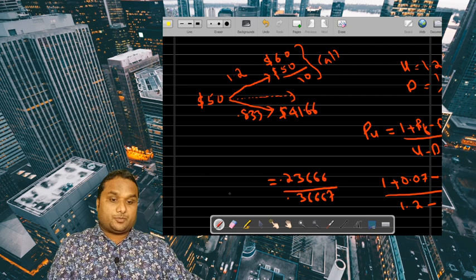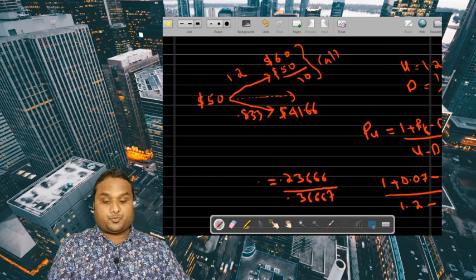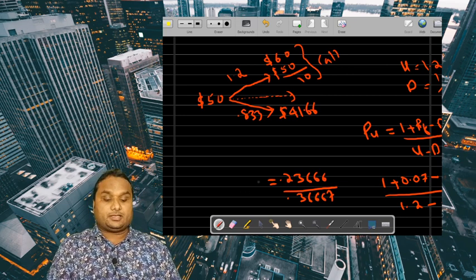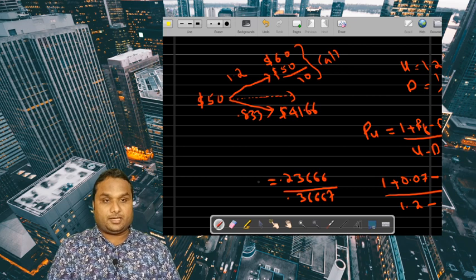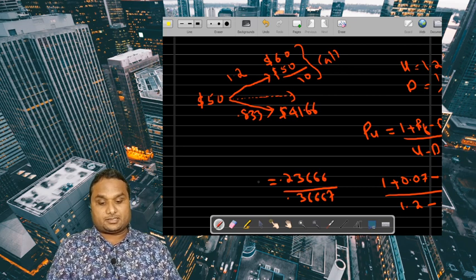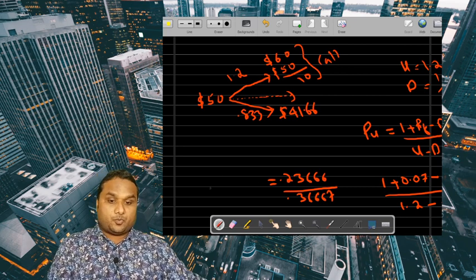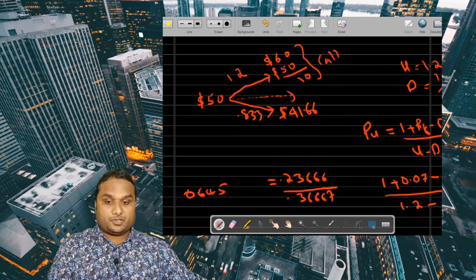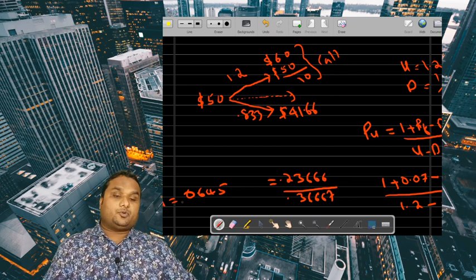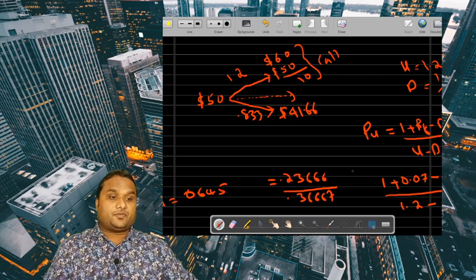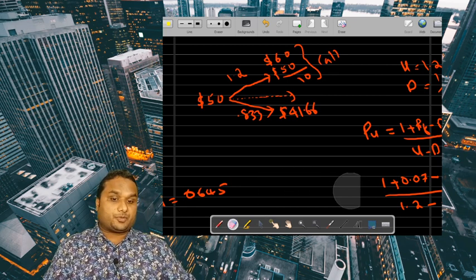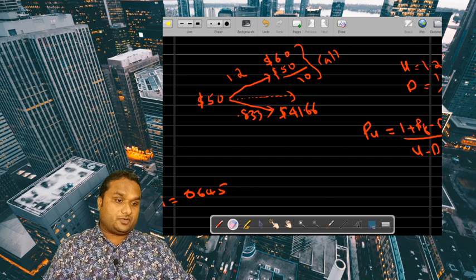So the probability of upward movement is 0.2366666 divided by 0.36667, which is 0.645. So the probability of upward movement, which we have computed, is 0.645.